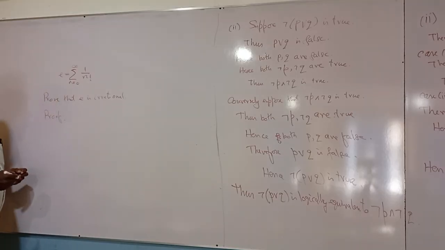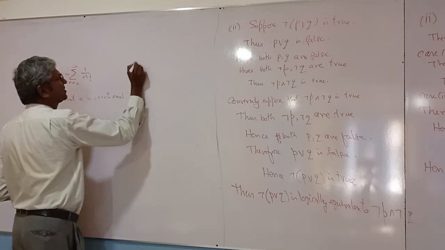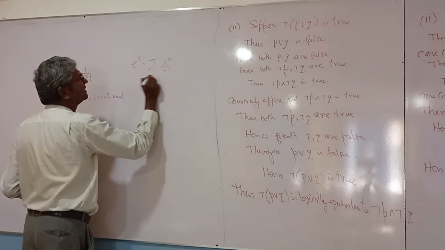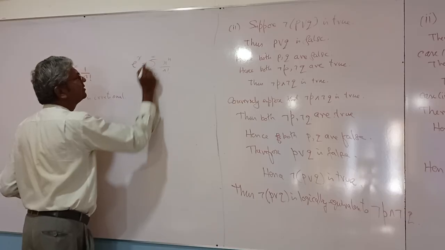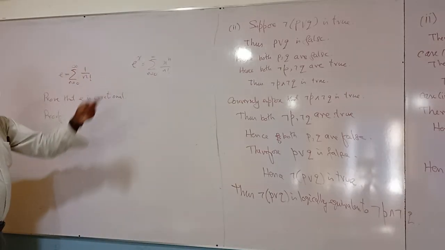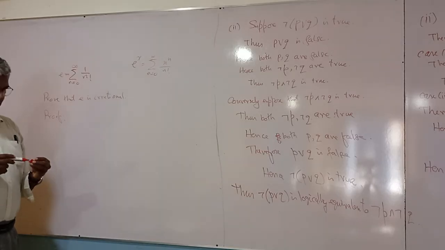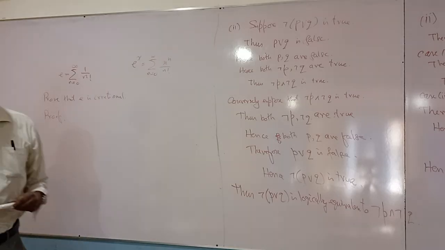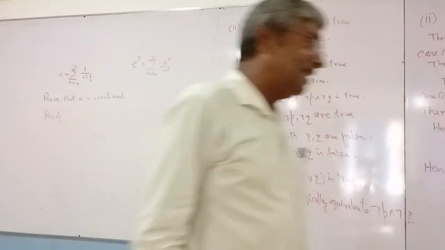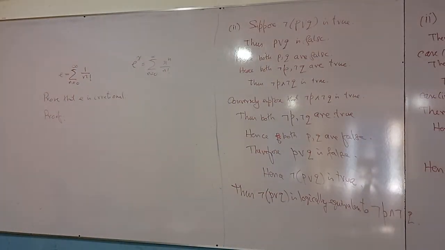This number is e to the x equals the sum of x to the n over factorial n, n going from 0 to infinity. When you put x equal to 1, you get this. Let's prove this, then you will see the strength of proof by contradiction, to which a grandmother will never agree.